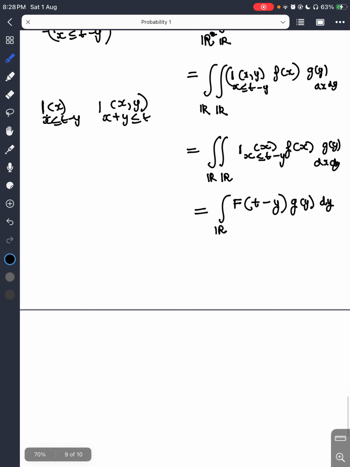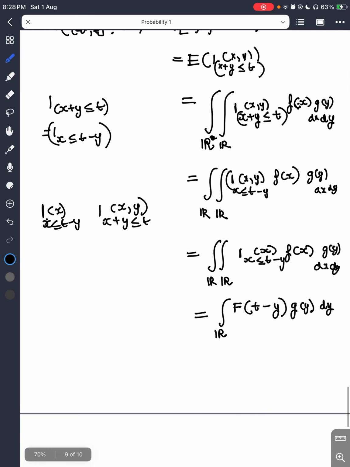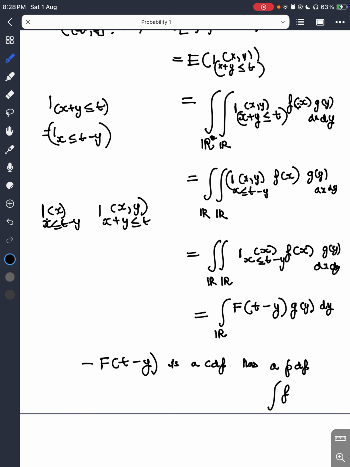F of t minus y is not a CDF in y, but for a fixed t it is a CDF, and one can check very easily that it has the PDF f of t minus y.